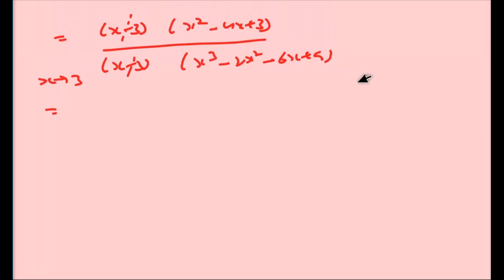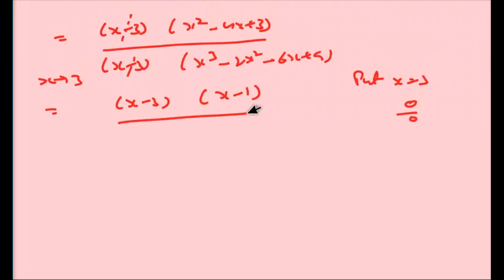Put x equal to 3, we again find 0. So again dividing by x minus 3, we get again this formula, (x minus 1) upon (x square plus x minus 3)... putting x tends towards 3, again we cut it.